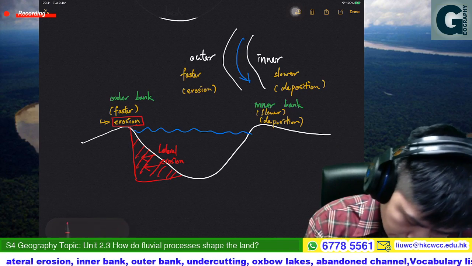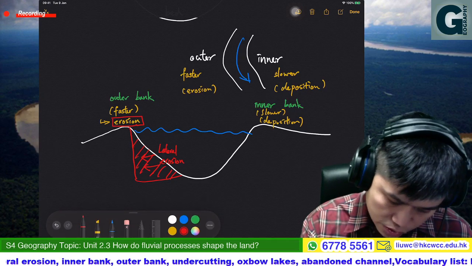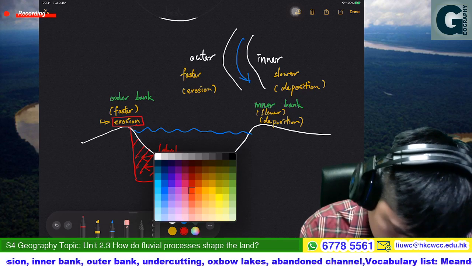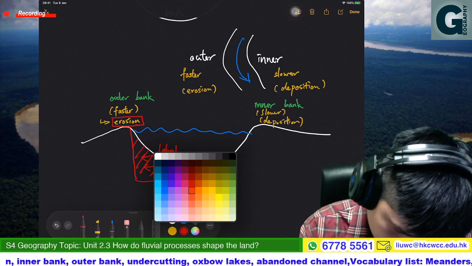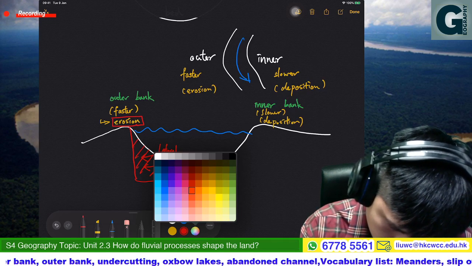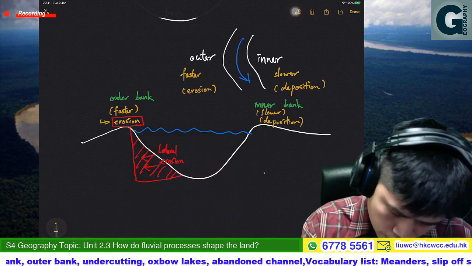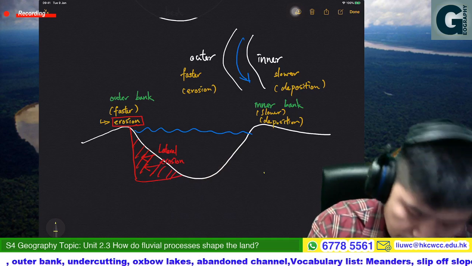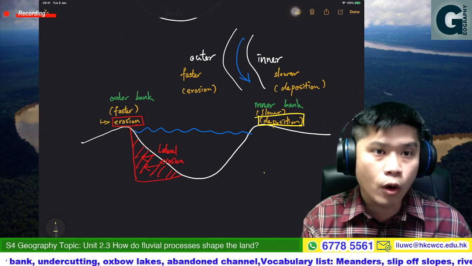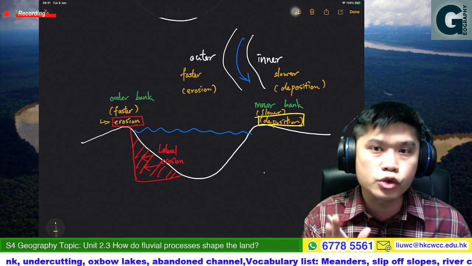And then on the other side, this one I will use maybe yellow. Here, on the inner bank, the water flows slower.